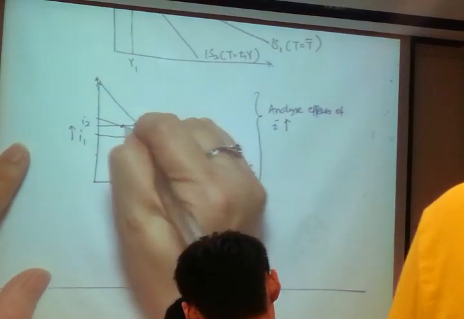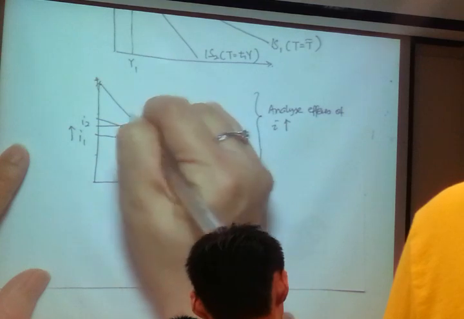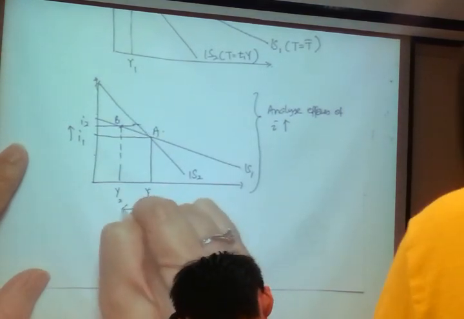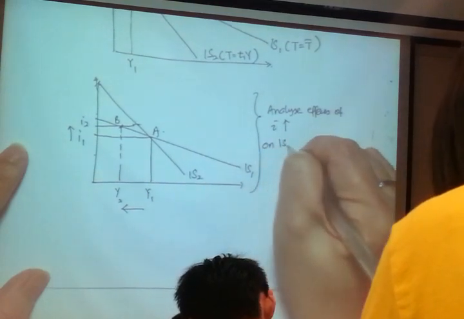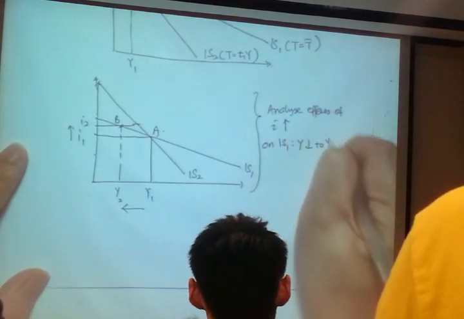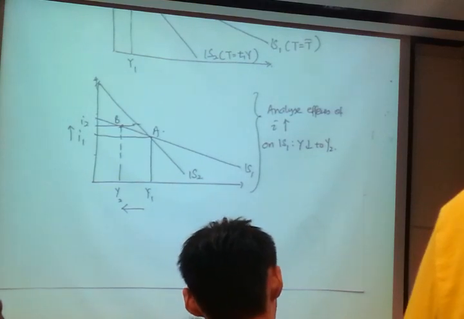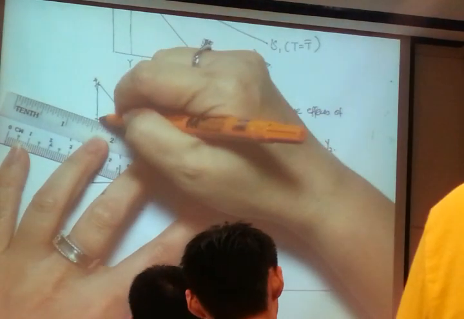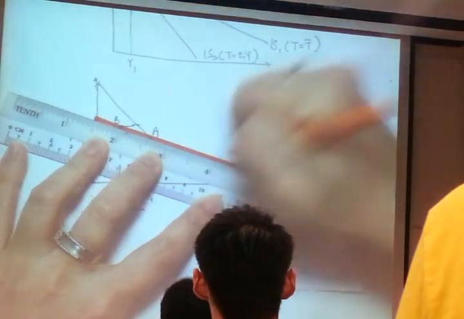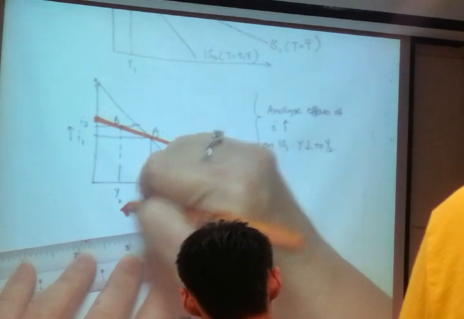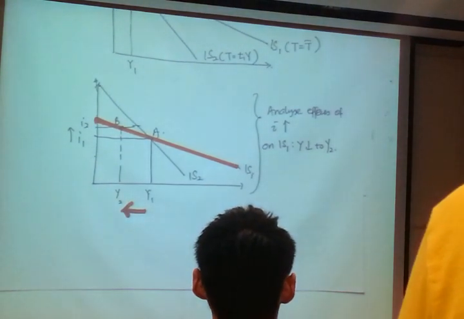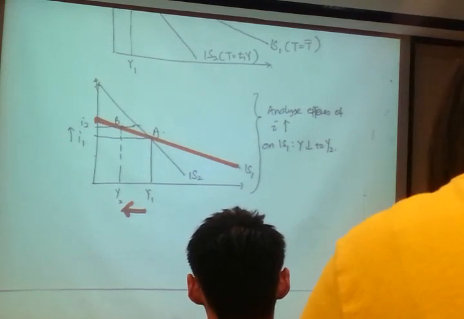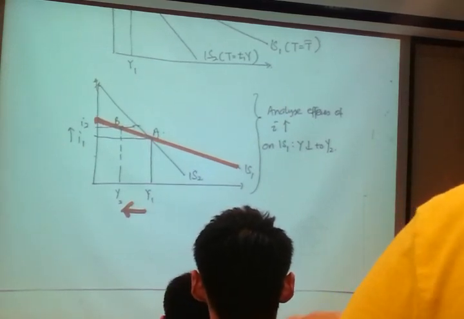So if it is on the flatter IS, income drops to Y2. Interest rate goes up, cost of borrowing increases, right? Firms cut back investment.